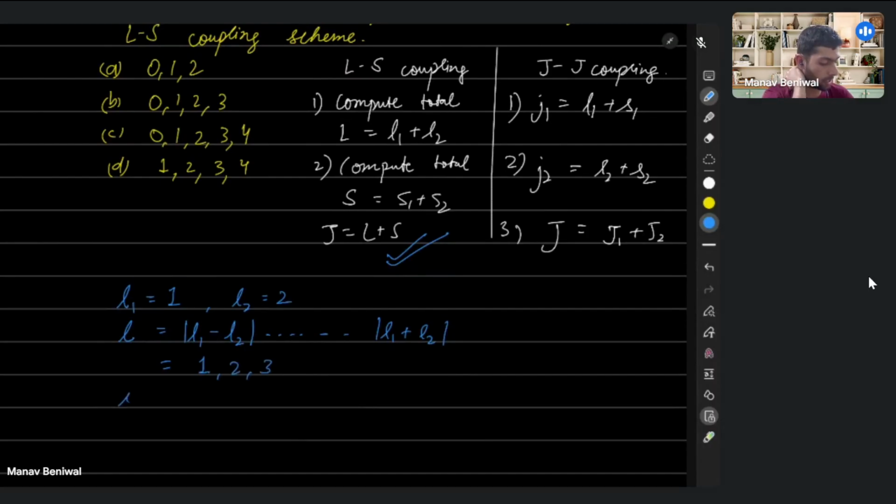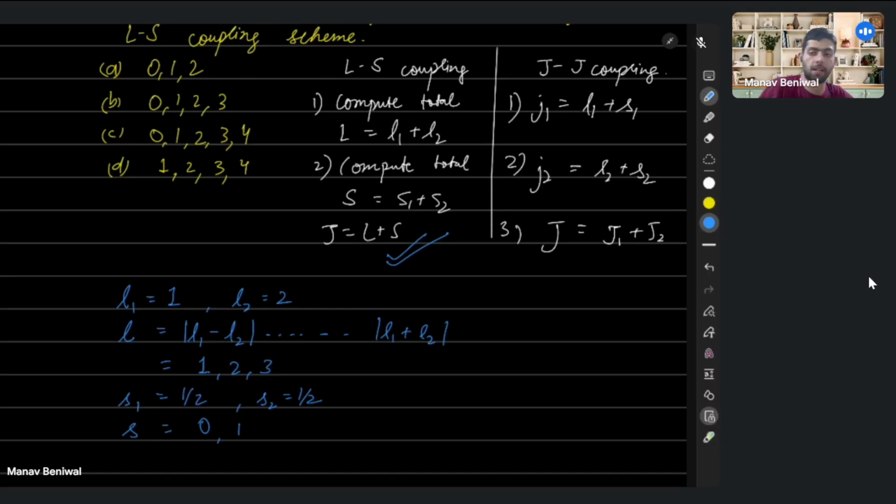Now here S1 is half and S2 is also half. So total S again can have all the values from S1 minus S2 to S1 plus S2. If you subtract you will get 0 and if you add you will get 1.